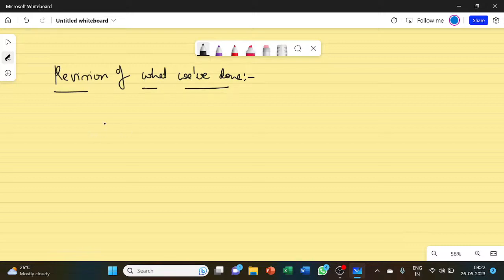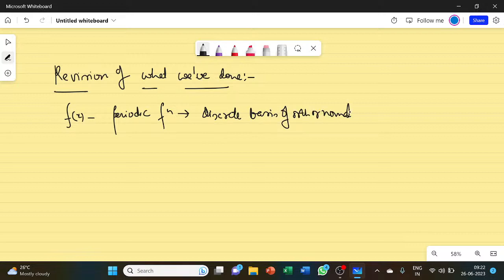So till now we've done that if f of x is a periodic function, then I can represent this periodic function in a discrete basis of orthonormal functions. And these orthonormal functions are nothing but sines and cosines.